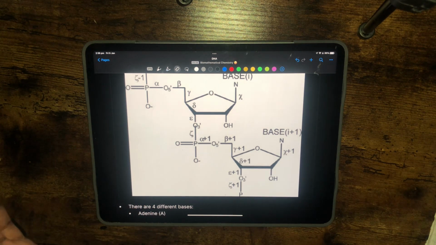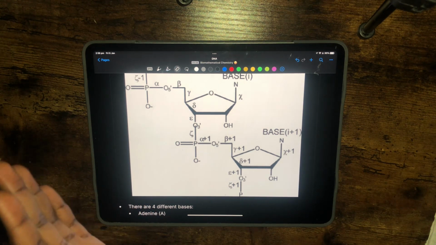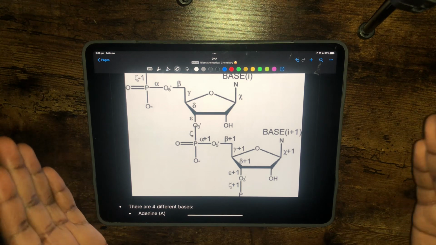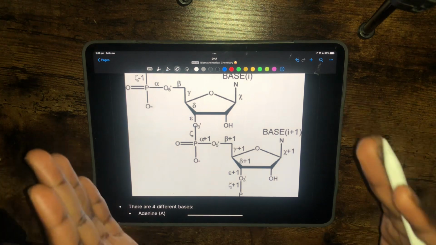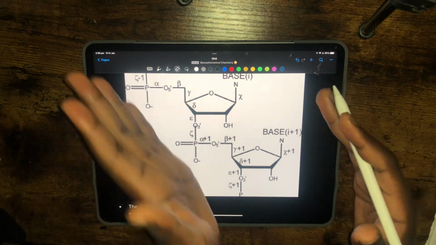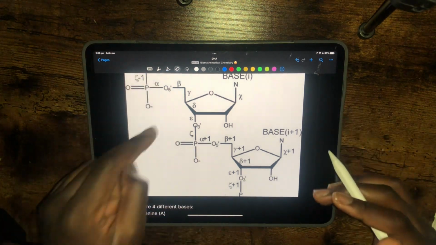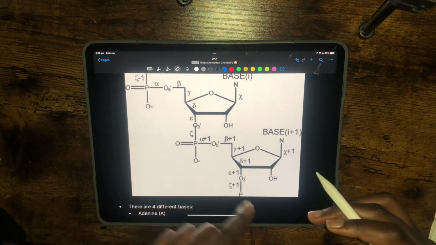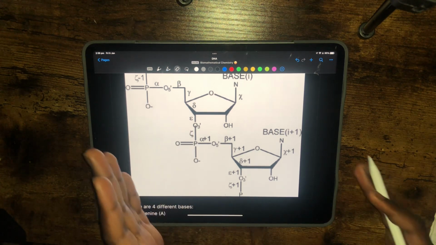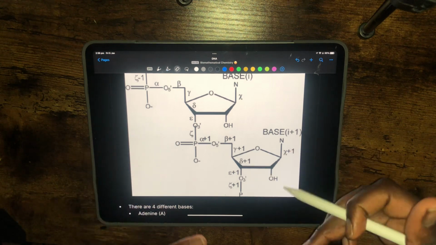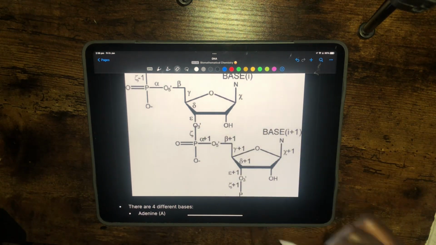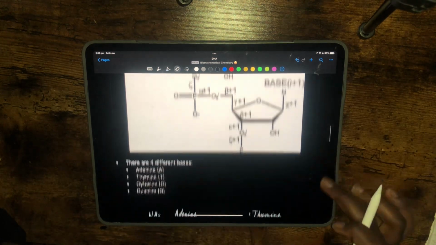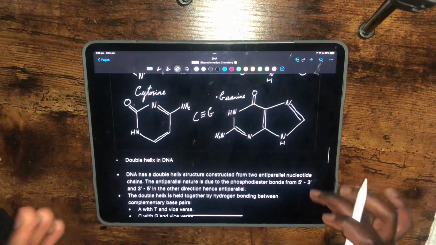Say we're talking about two chains, because DNA is a double polynucleotide chain. Say this is one side of the chain, it goes from 5 to 3, 5 to 3, 5 to 3. On the other side of the strand, it'll be flipped. It'll be opposite. It will look like 3 to 5, 3 to 5, 3 to 5 as you're going down the strand, and that's because it's got an anti-parallel nature to it.